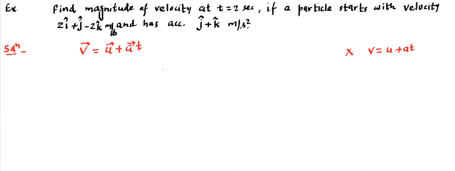Here in this case, it is saying that magnitude of velocity is equal to magnitude of u plus magnitude of a into t. So if you find the magnitude of u and magnitude of a, and put this t together in this format and find this v, this will be wrong, because that's not the valid equation for the cases when the motion is not one dimensional, right?